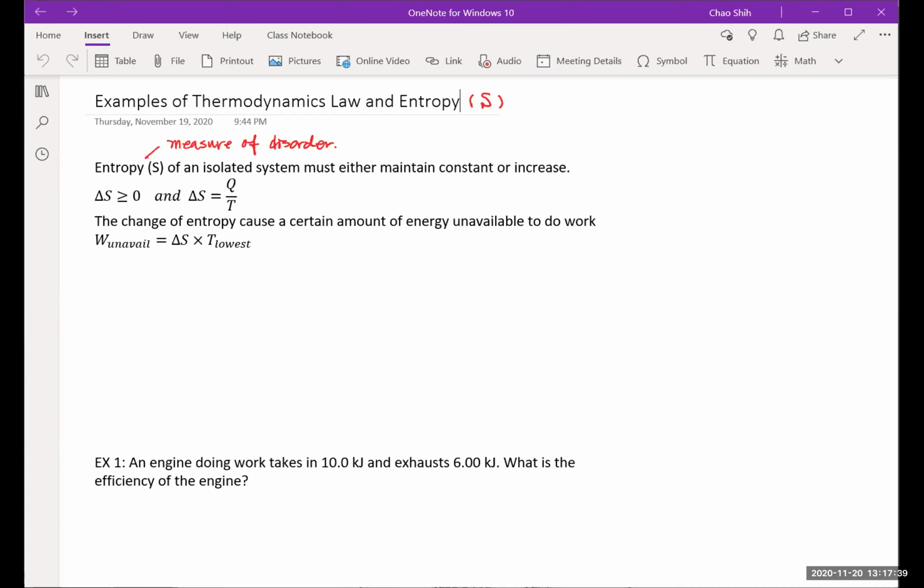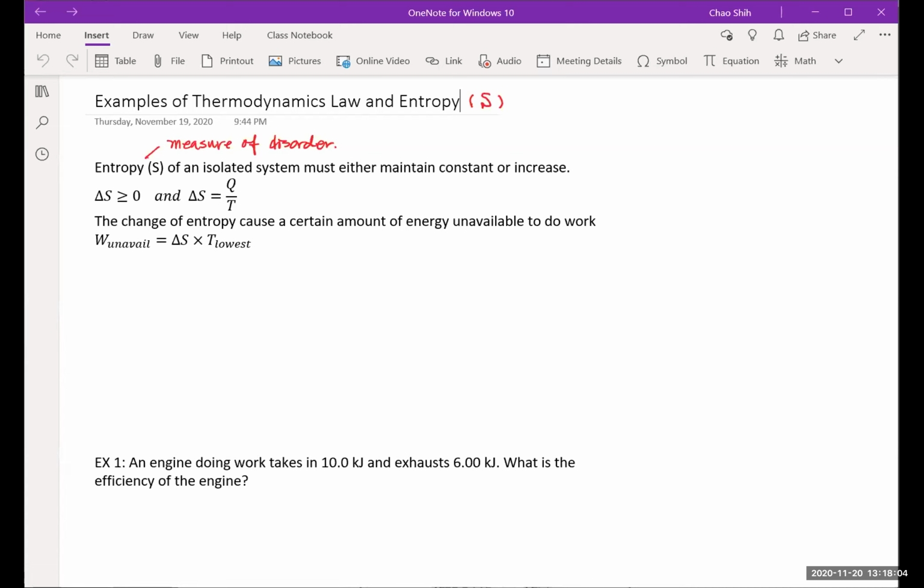And in a natural way, the perfume particles will not go back into the bottle, right? So things do not tend to become more ordered, things tend to be disordered. And that measure is based on this entropy. So the entropy is a way that we measure disorder.